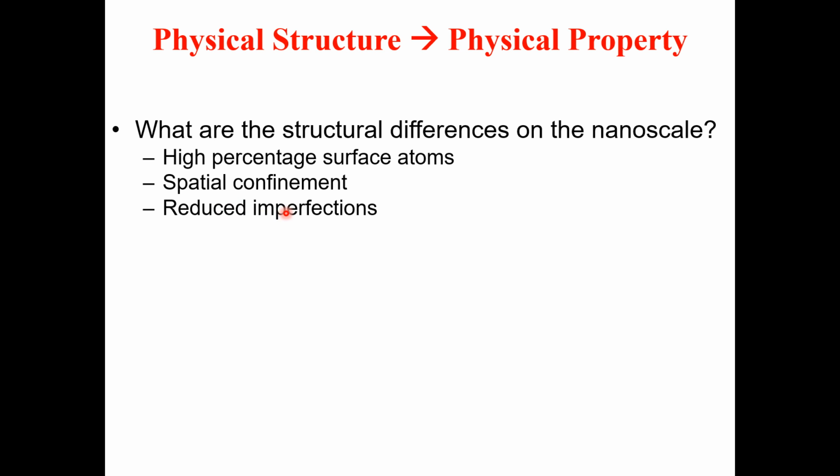So by default, when we move from bulk to nano, we are decreasing the volume by the reduction of size, so we are coming toward the surface. By coming toward the surface, it automatically results in the reduction of imperfection or defect. So in summary, we have reduced imperfections at the nanoscale as compared to the bulk.